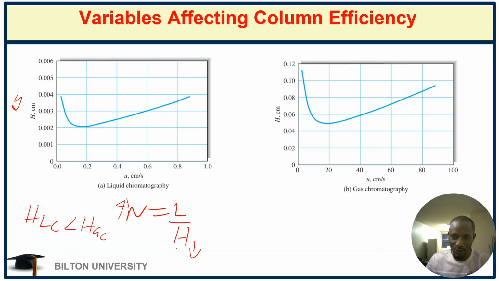When the plate height goes down, the number of theoretical plates goes high, because the number of theoretical plates is also directly proportional to L, so we expect it to be high.